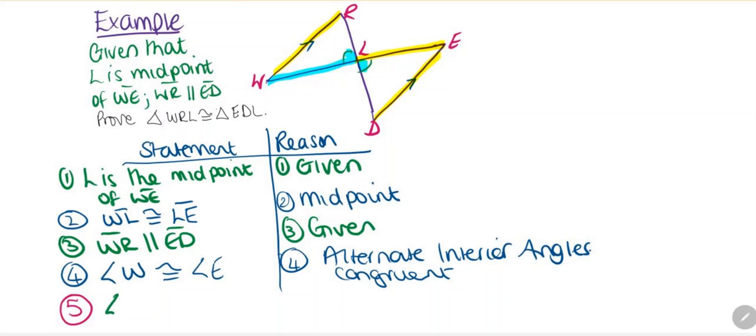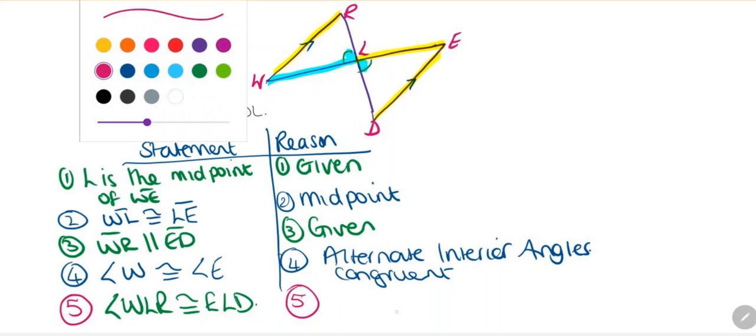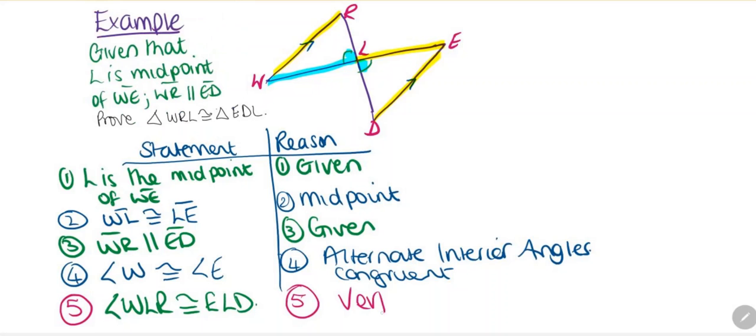So angle WLR, so we know the difference, is congruent to ELD, and the reason for that is because vertical angles are congruent.